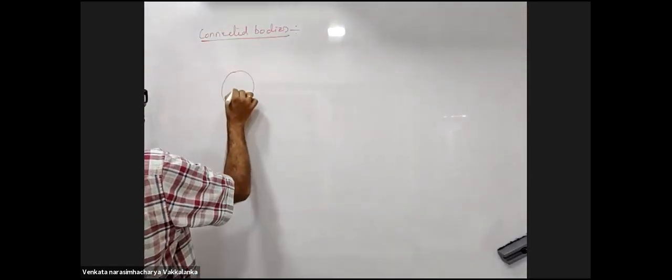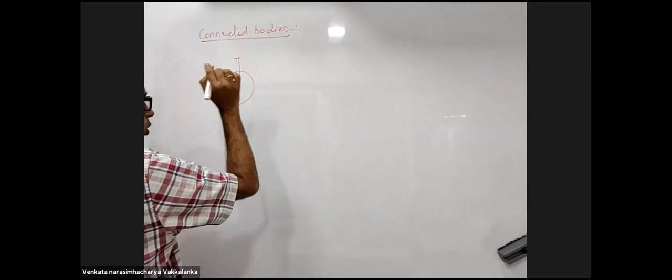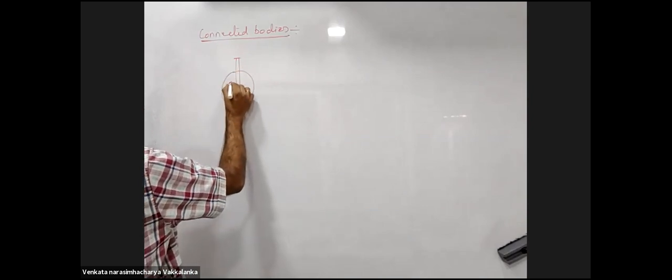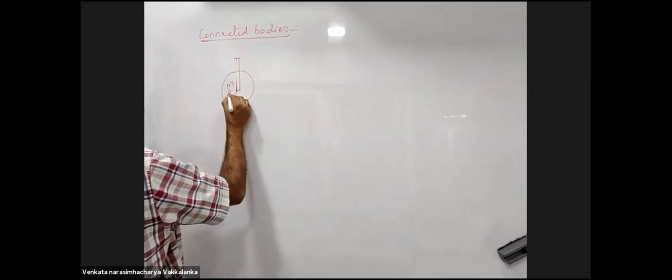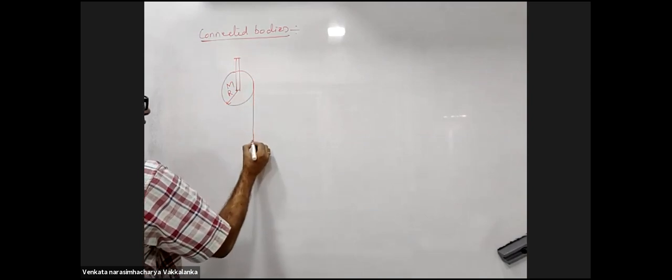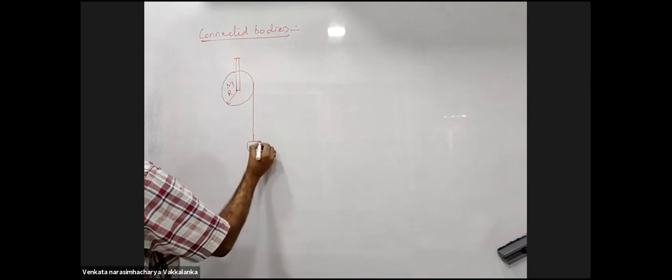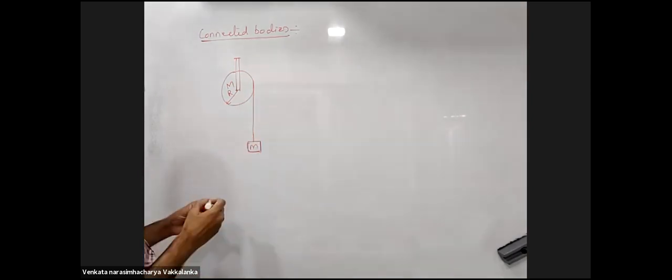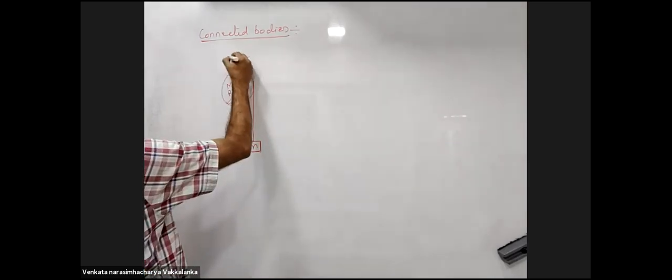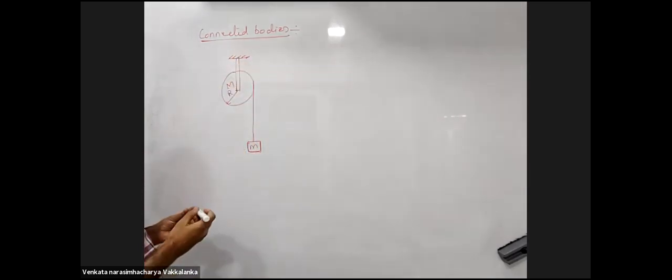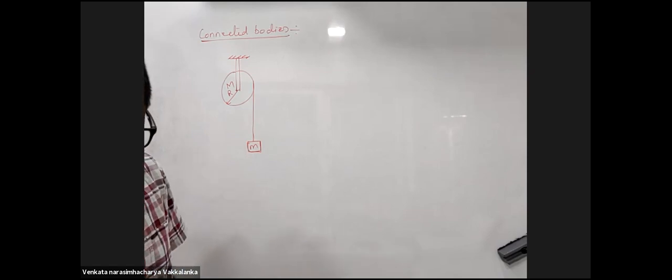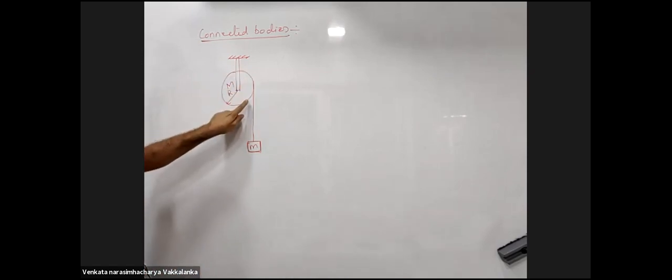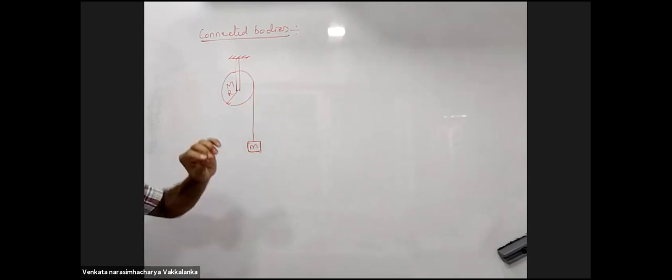Suppose I take a pulley. Pulley is a solid cylinder, capital M mass, radius R, and a small m mass hangs from it. The string is wound on the pulley. There is no slipping between the string and the pulley.